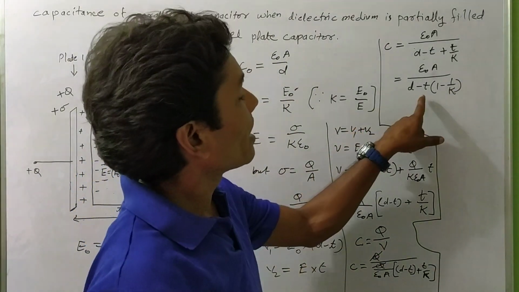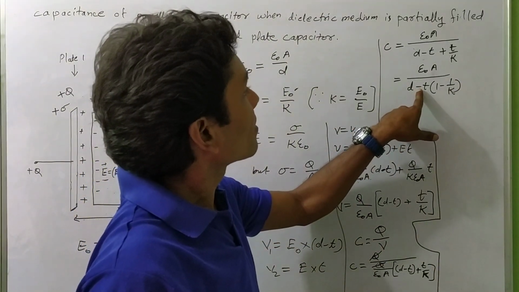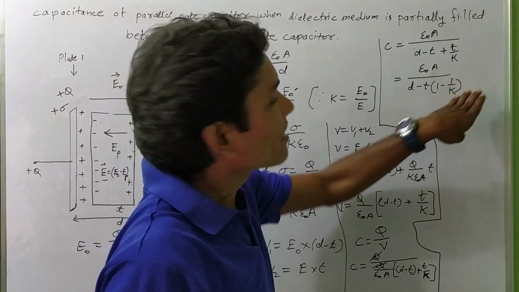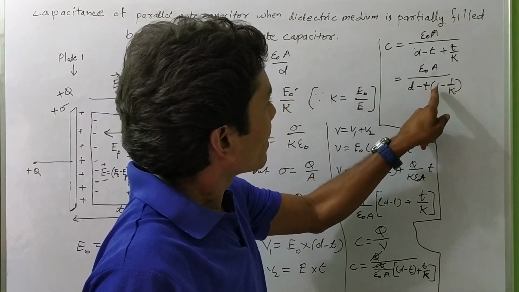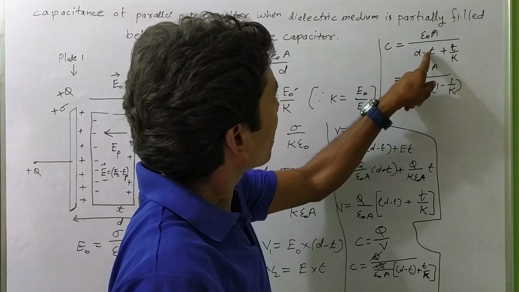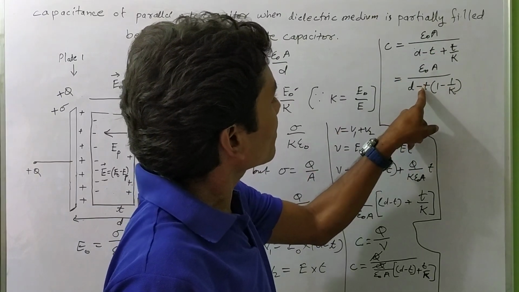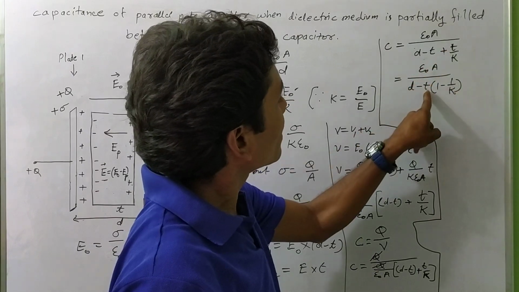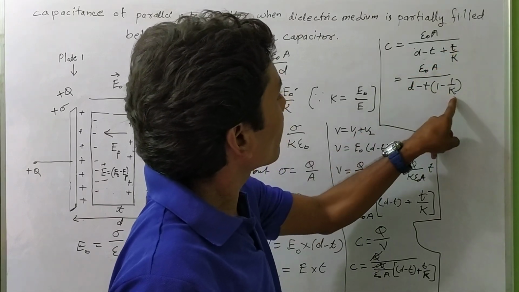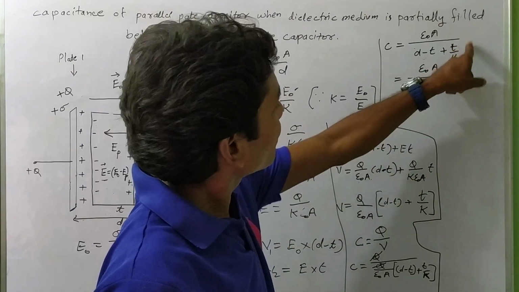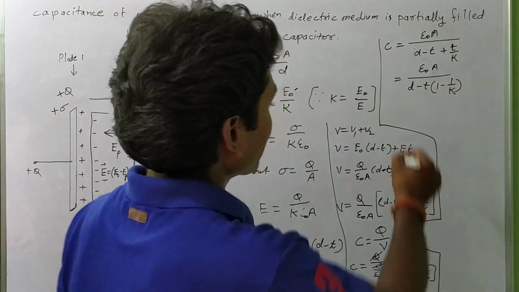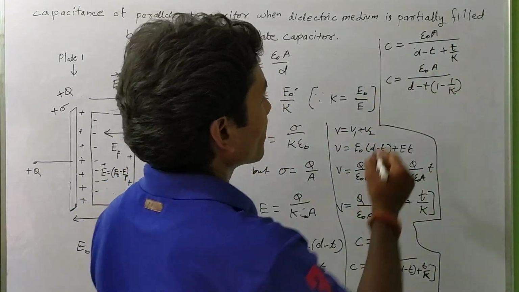We can take minus t common from both terms. If we multiply minus t inside the bracket, then minus times plus gives minus t, and minus into minus gives plus t upon K, so we get this value. So this is equal to C.